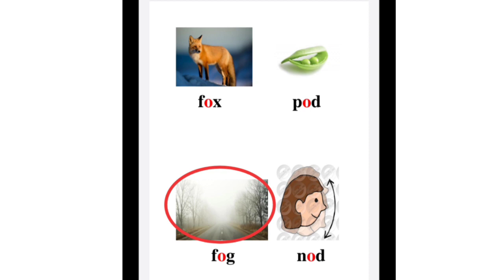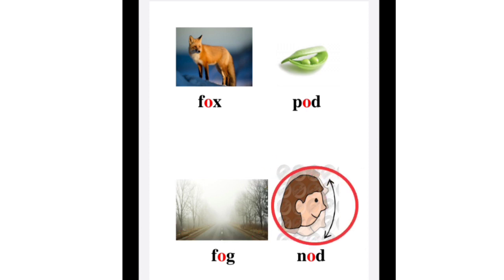Next picture, fog. F-O-G, fog. A fog is a heavy mist, like when it's cloudy, smoky, we can see fog. Next one, nod. N-O-D, nod. A nod is a movement of the head when you want to make a gesture.